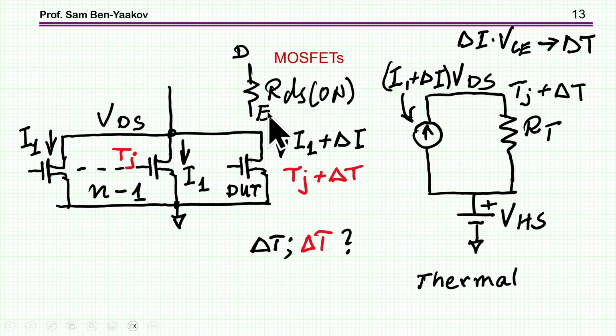It's not like a voltage drop, but rather a resistance. And then, of course, the temperature will go up when there is a delta I, and this story is exactly the same. There's no difference except that we have VDS rather than VCE, and then we have here a resistor. So it's really a different situation.